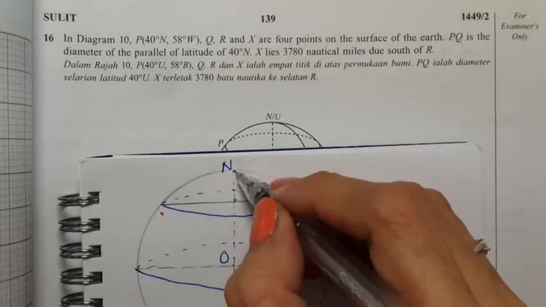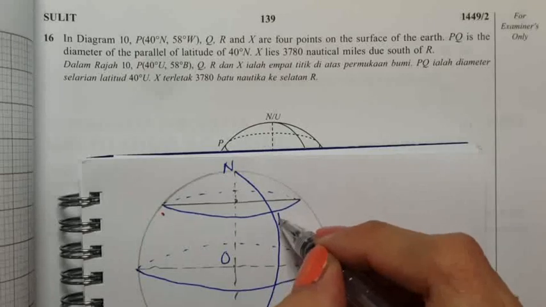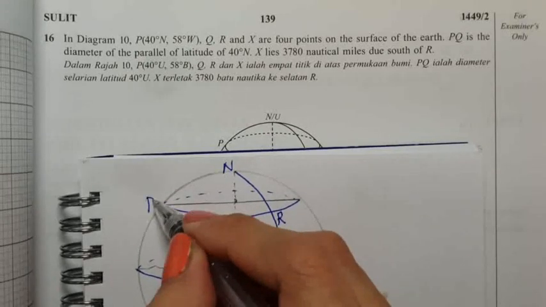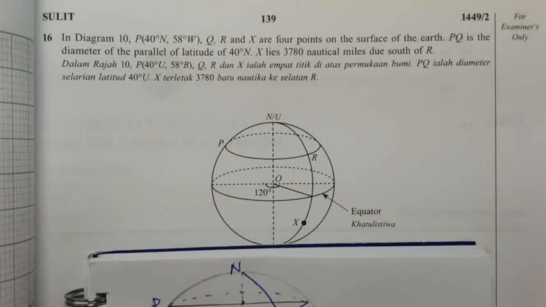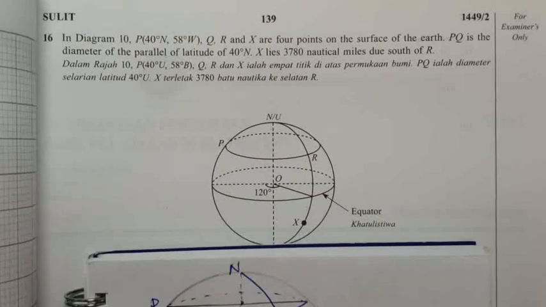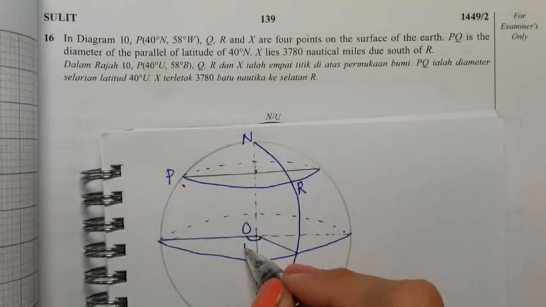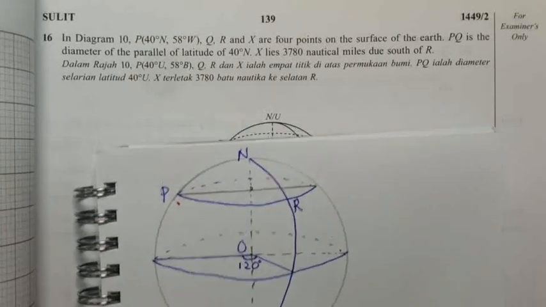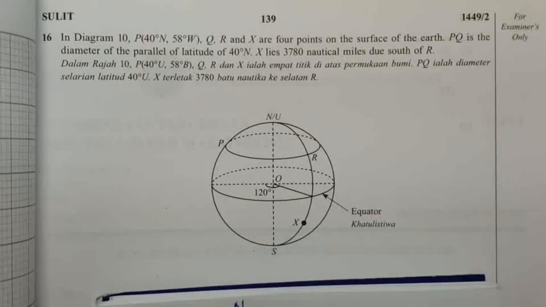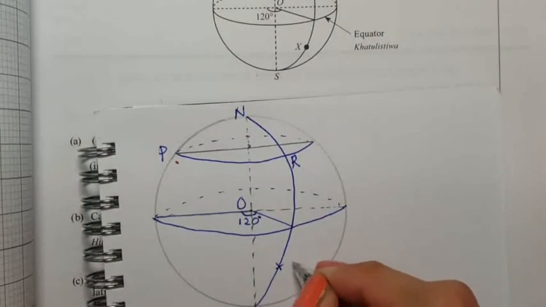Okay, we have another longitude over here. And this is the R. This is the P. Okay, and from here to here, it's given as 120 degree. Now, what else? We have a point X over there. Here, this is the X.